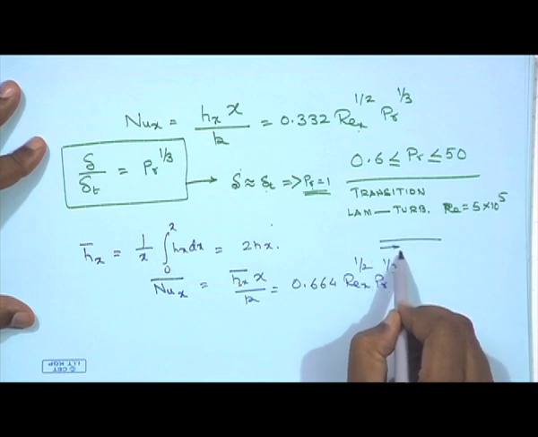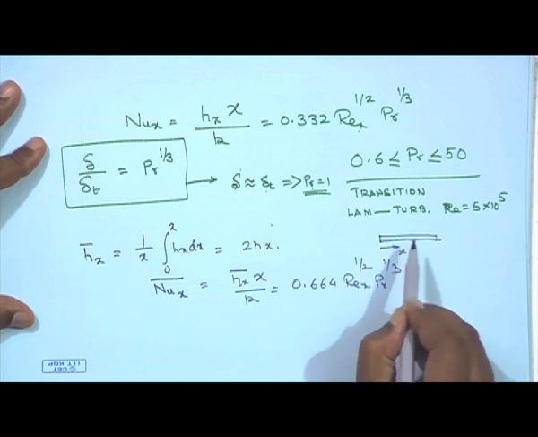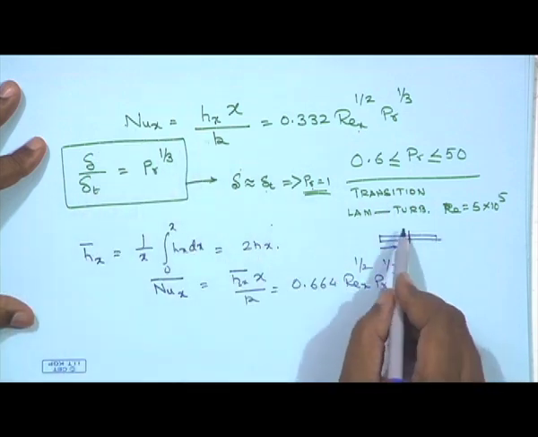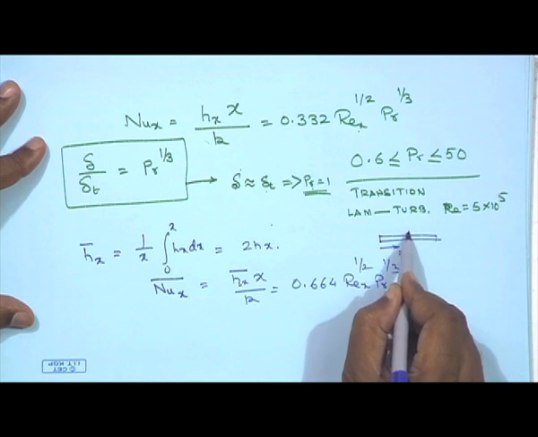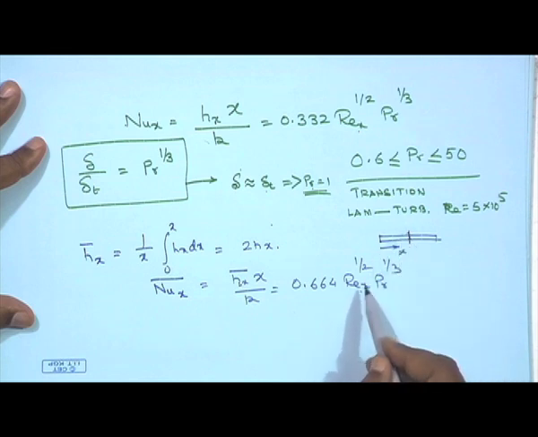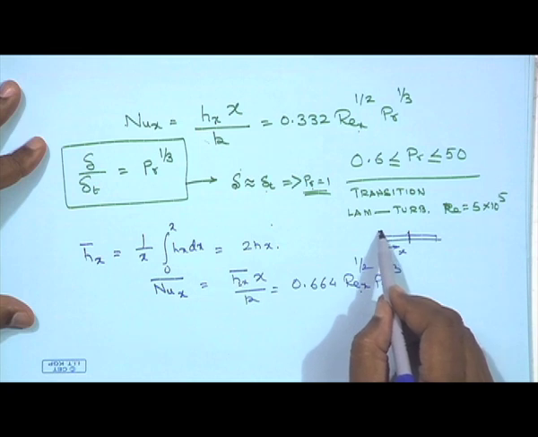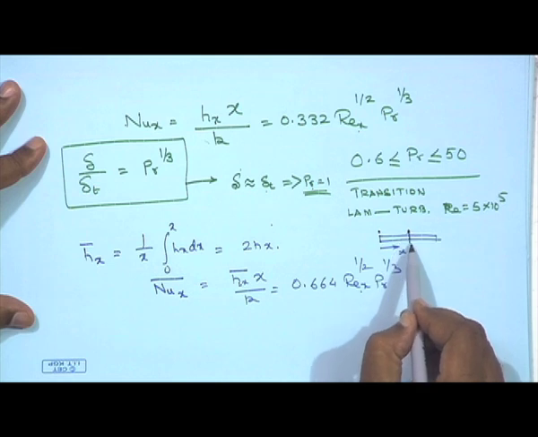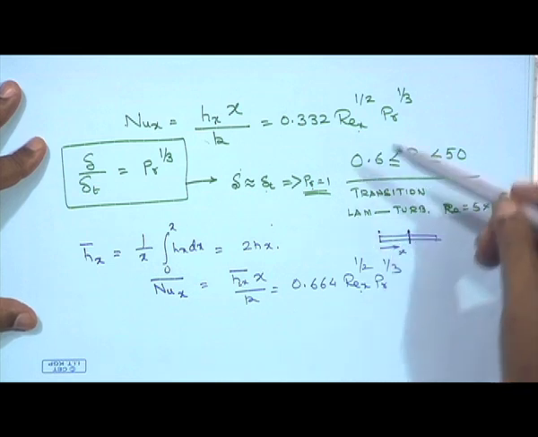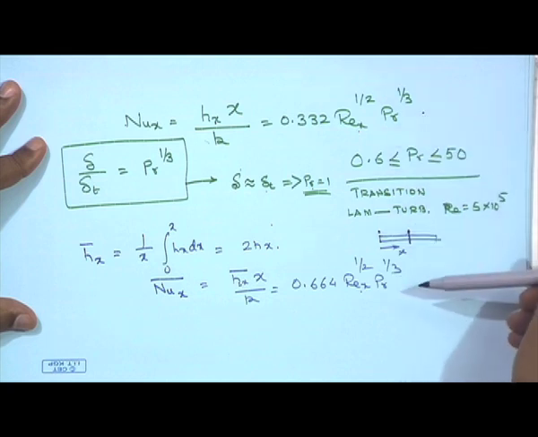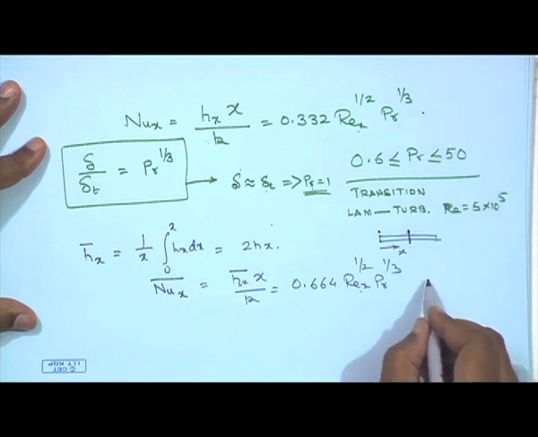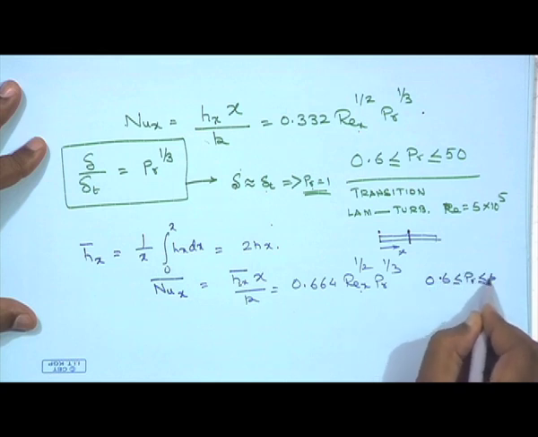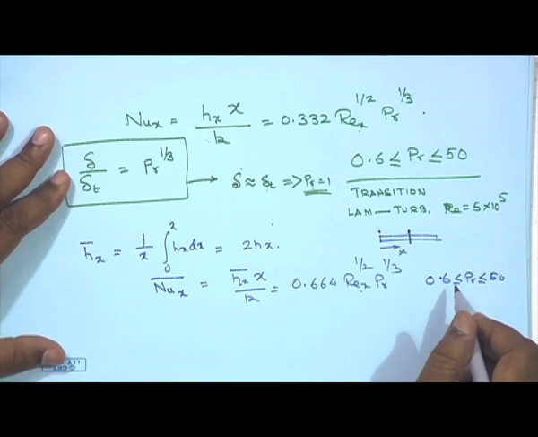So, if this is x for the solid plate, this expression gives you the value of heat transfer coefficient at this point, whereas this expression would give you the average value of heat transfer from x equal to 0 to x equals some specific x. So, this is for the local value and this is for the average value, and as before it is valid for a Prandtl number range between 0.6 to 50.